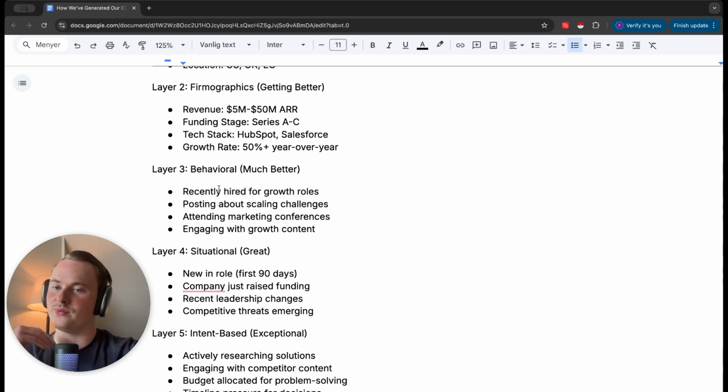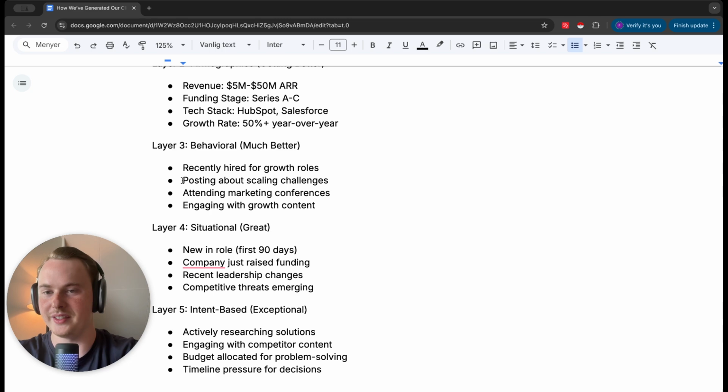And you can also use it to find social posts, so social engagement, for LinkedIn, probably the most common one. You can see if they post about scaling challenges, so you could identify companies posting a lot about their issues, their problems, on why they're not scaling.